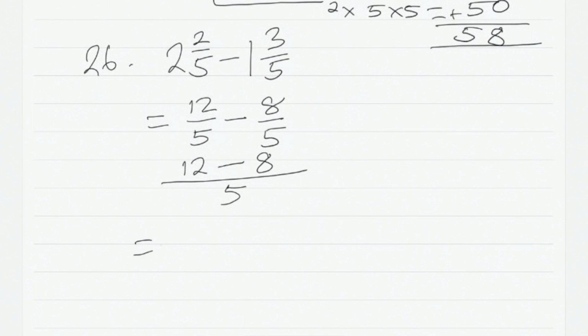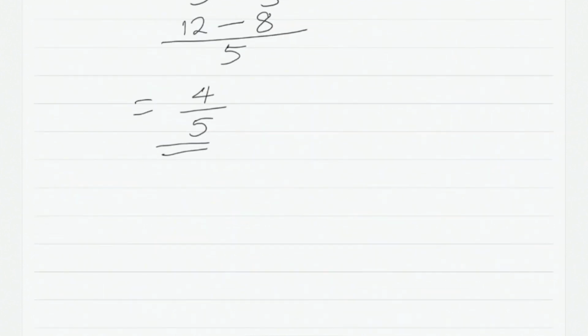So 12 take away 8, that is 4/5. So our answer is 4/5. So D is the answer on question number 26.